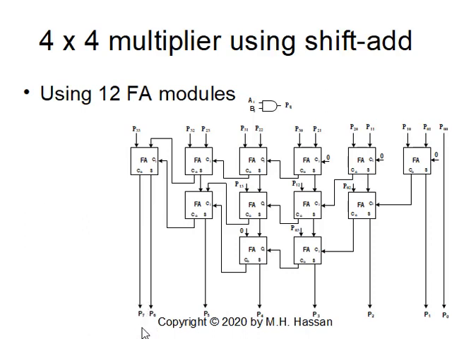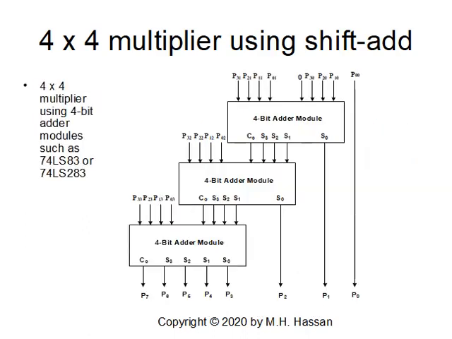By doing this, we use 12 full adder modules to implement a 4x4 multiplier using the shift-add algorithm. Rather than using 12 full adder modules, we can use 3 4-bit adder modules. Again, P00 will give me P0, straightforward.